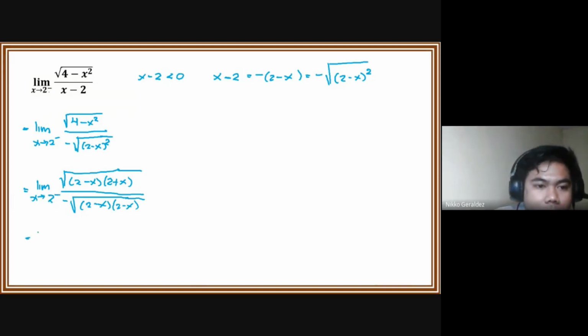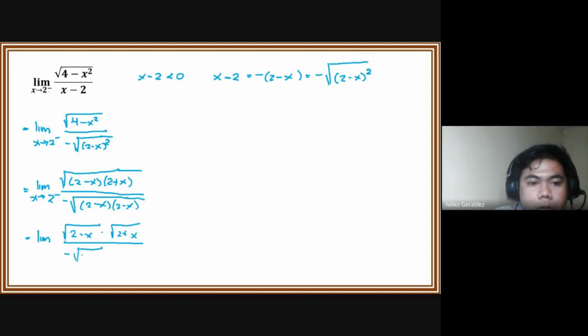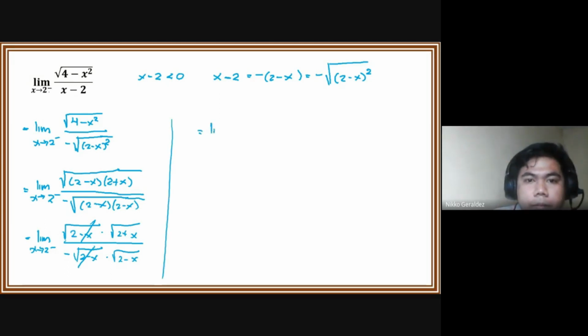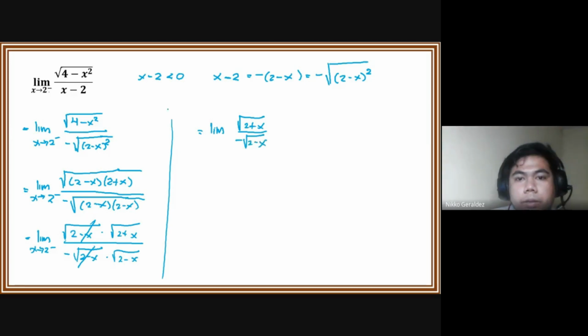So equal to limit of 2 minus x times square root of 2 plus x over negative 2 minus x times square root of 2 minus x as x approaches 2 from the left. So cancel. So we have limit of square root of 2 plus x over negative square root of 2 minus x as x approaches 2 from the left.